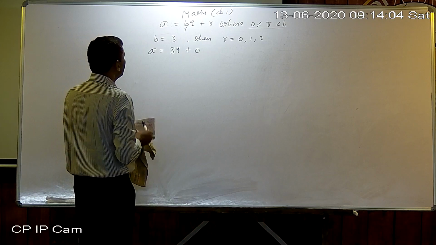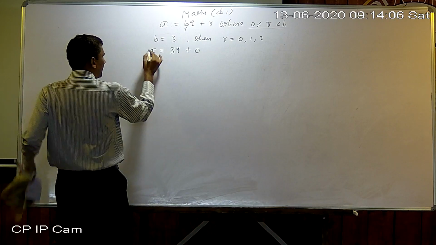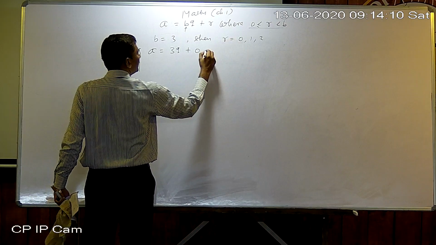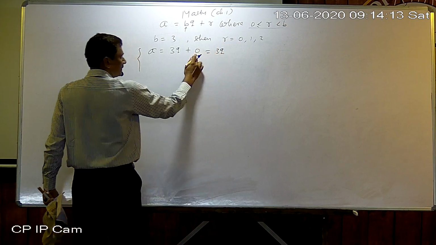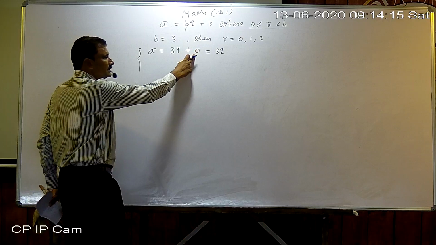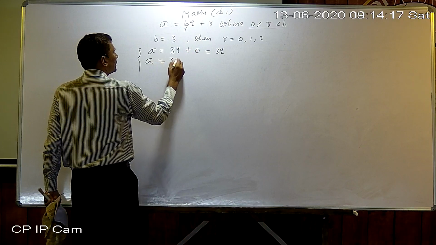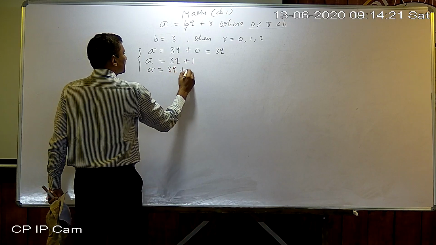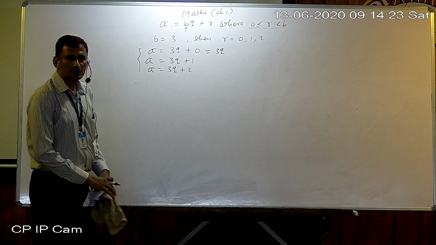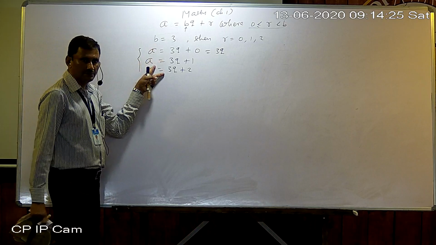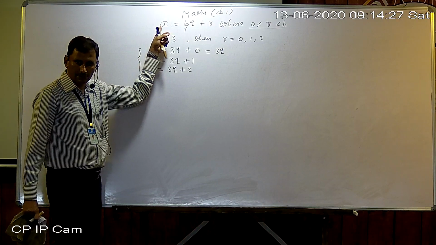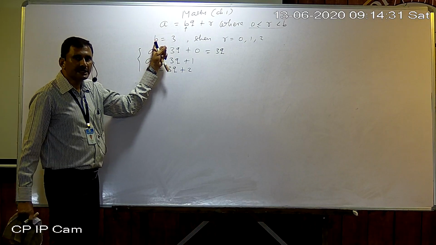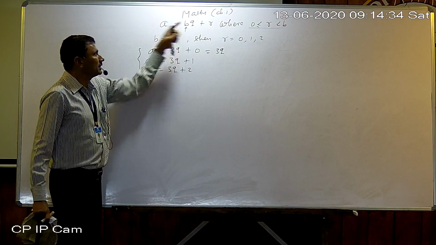So I can write the expression of A. I have now taken A equals 3Q and R equals 0. Now A equals 3Q plus 1. A equals 3Q plus 2. So we got 3 expressions of any unknown number, any positive integer, whenever we decided B equals 3.